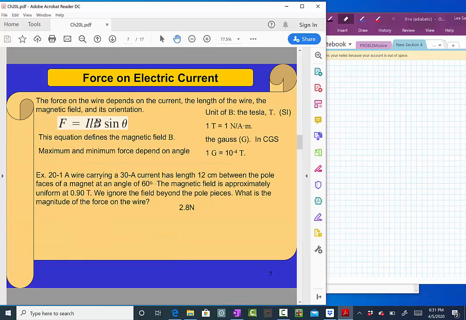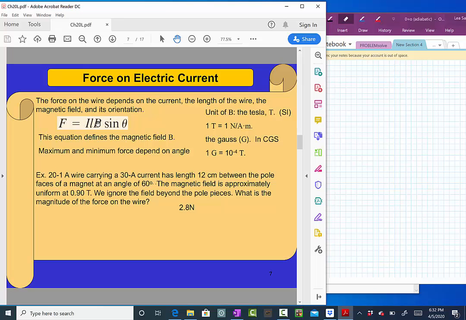Okay. So it depends on L, and it also depends on the magnetic field. The bigger the magnetic field, the bigger this force will be. Okay, and there is one more thing in this story, which is this theta. This theta is the angle, so sine of theta. The angle of what? The angle between the direction of the current and the direction of the magnetic field.